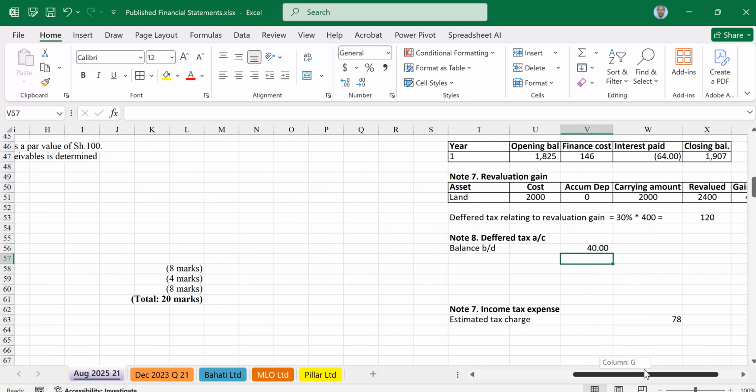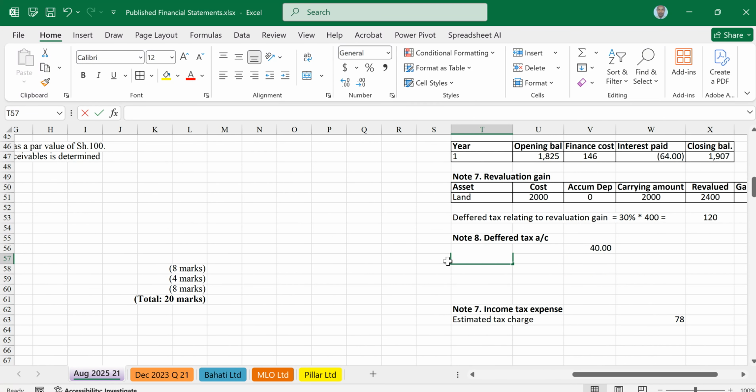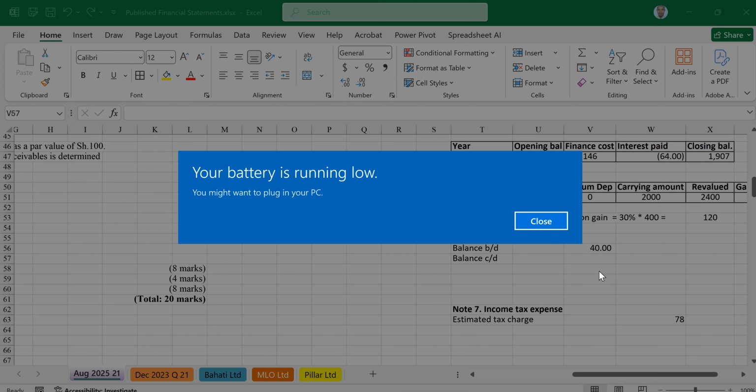What is the deferred tax balance carried down? Do we use 20 or we use 120? I'm going to use 20, the one that we've been given. Don't use 120. 120 will be affecting the revaluation gain that we have.